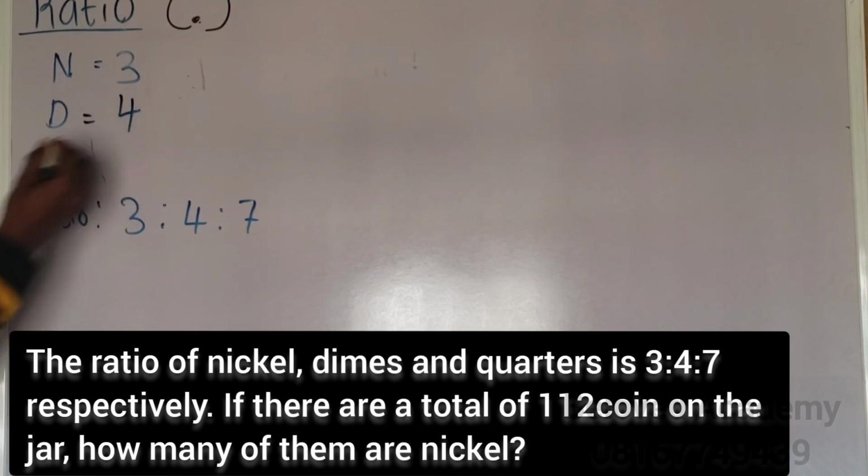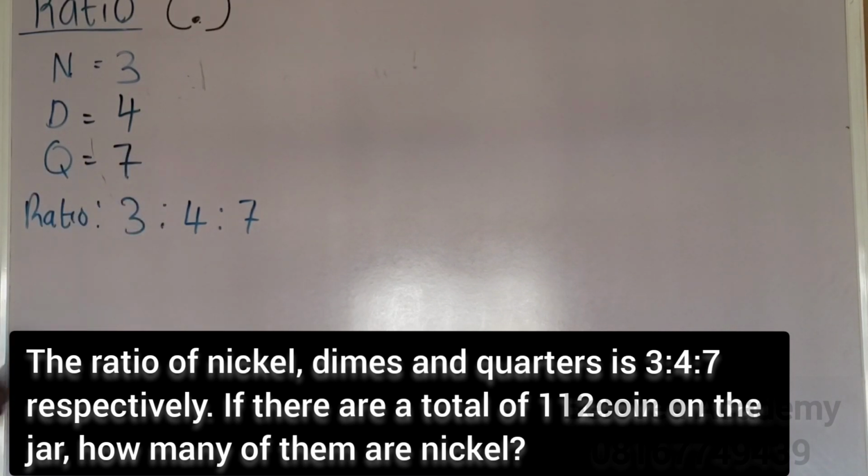Please pay attention. And the ratio of quarters is 7. You understand? This means that if there are 3 nickels in the jar, there will be 4 dimes and 7 quarters in the jar. And if there are 4 dimes in the jar, there will be 3 nickels and 7 quarters in the jar.